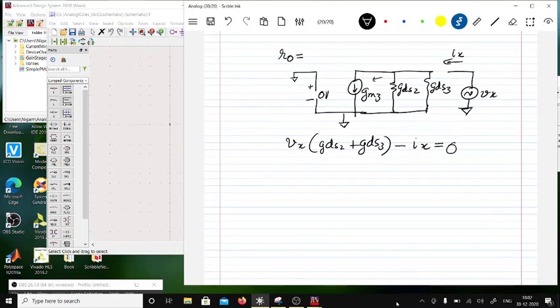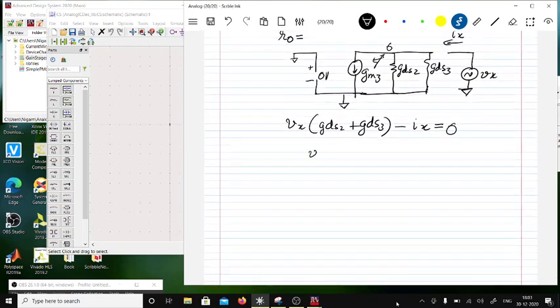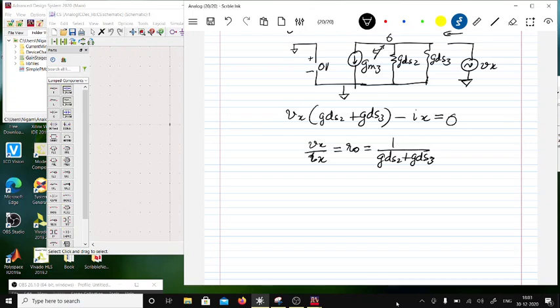The net current flowing into the gate is anyway 0 because the input voltage is 0, right? So that makes Vx by Ix equal to RO, which will be equal to 1 over GDS2 plus GDS3. Okay, so this would be the output resistance.